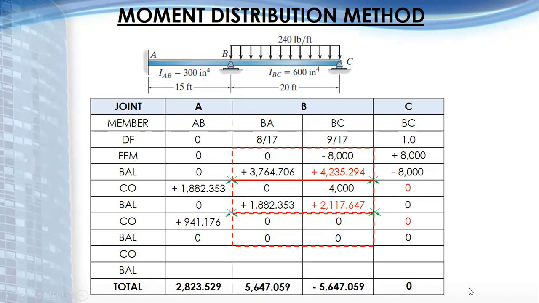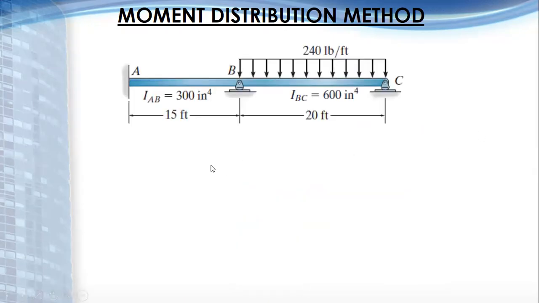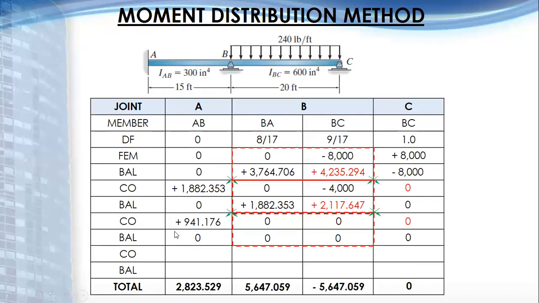So after this, we will compute for the reactions. So sa joint A, okay. Now, why clockwise? No? Okay, positive man. And we have a sign convention na sa MDM na clockwise movement positive.